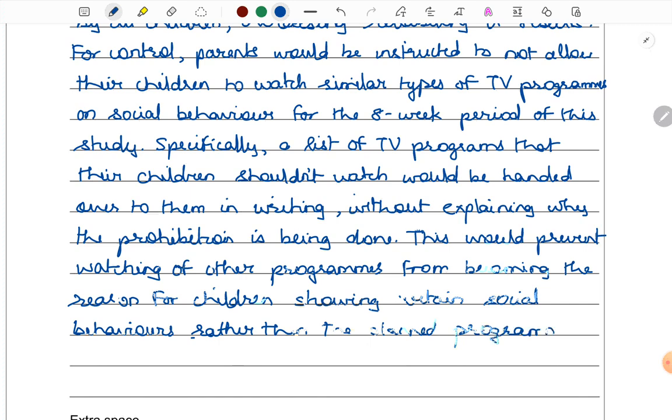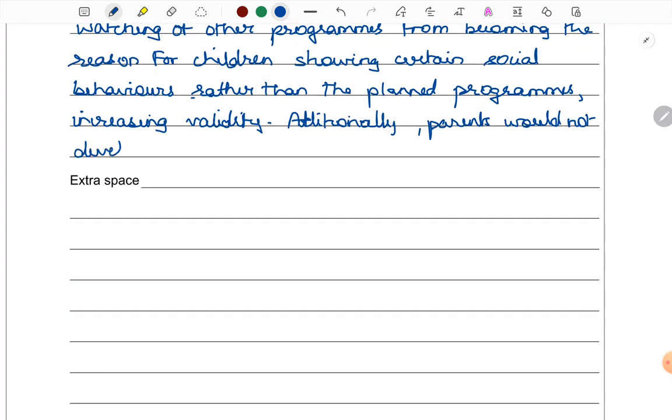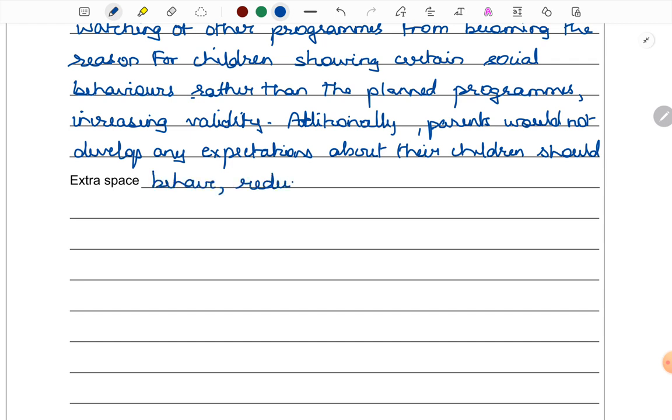Increasing validity. Additionally, parents would not develop any expectations about how their children should behave, reducing bias in their later ratings.